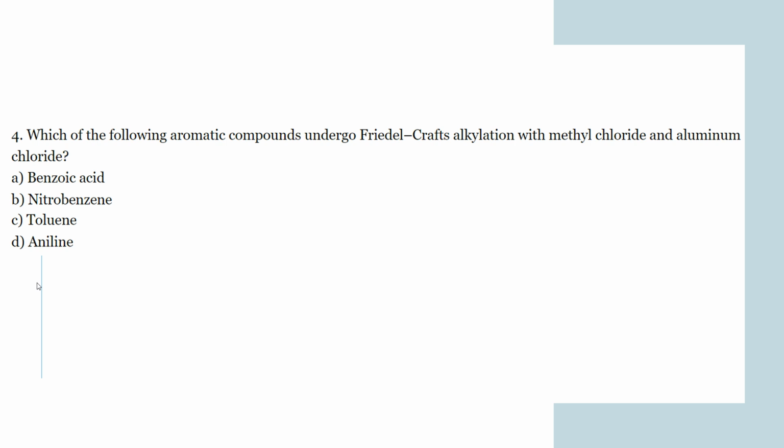In benzoic acid, COOH has an electron withdrawing effect on the benzene ring. Due to its electron withdrawing effect, the benzene ring is becoming electron deficient, so it cannot give up its electrons to the electrophile.